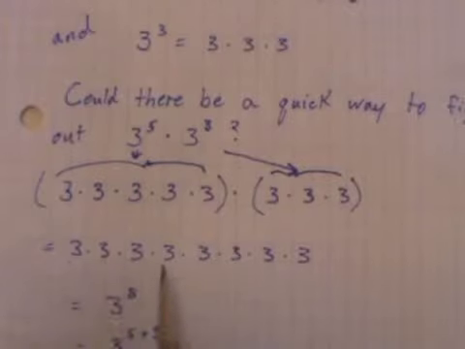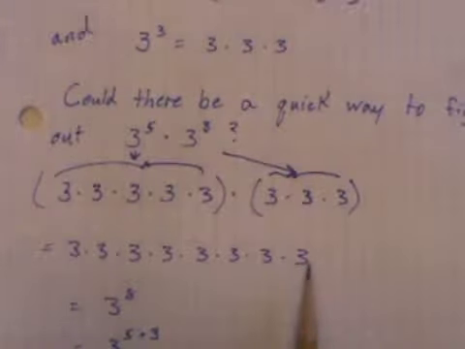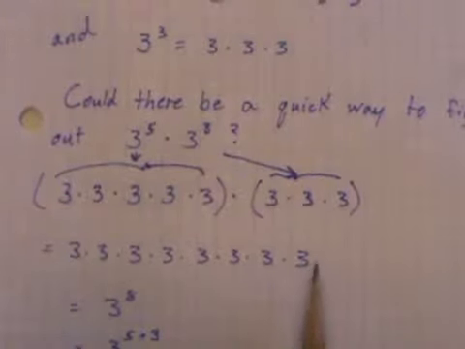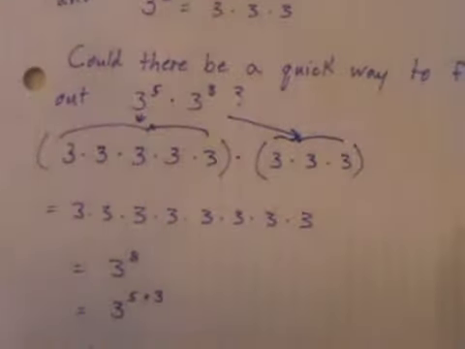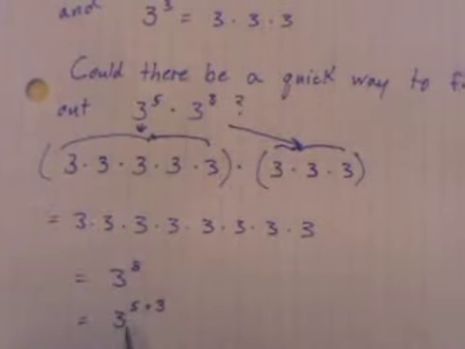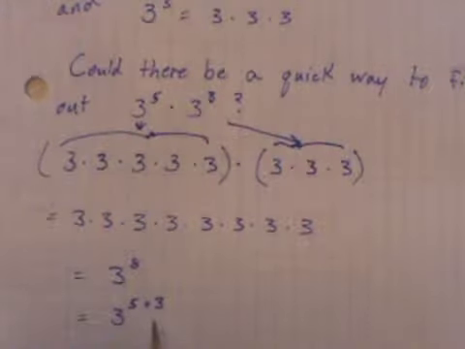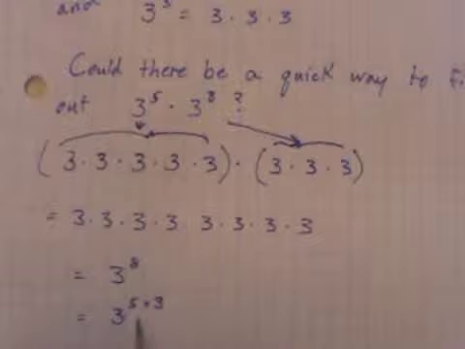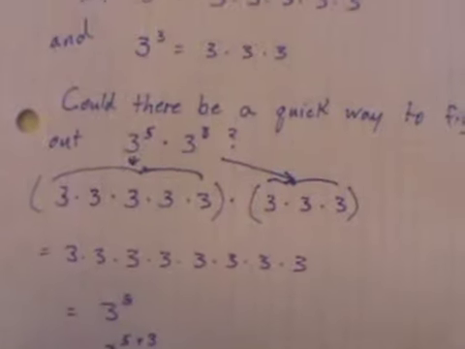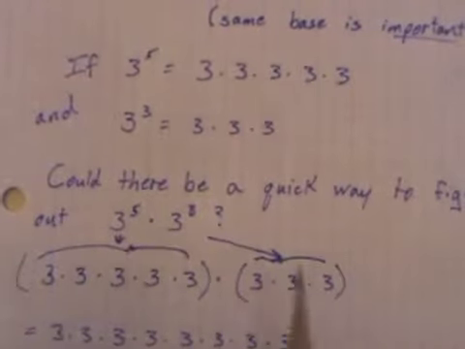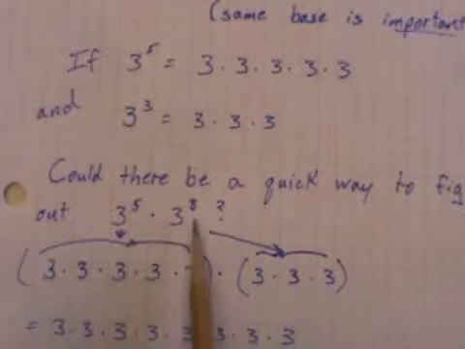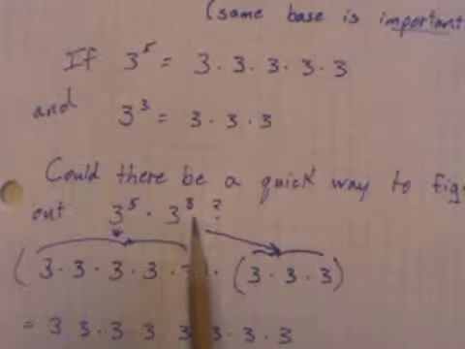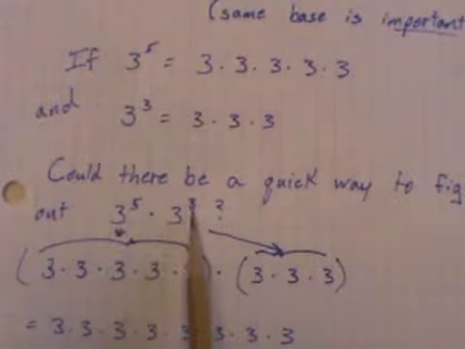Because 1, 2, 3, 4, 5, 6, 7, 8, you know that 3 times itself 8 times is 3 to the 8th. Well, 3 to the 8th is the same thing as 3 to the 5 plus 3, isn't it? 8 is the same thing as 5 plus 3, and that is actually our shortcut. 3 to the 5th times 3 to the 3rd is the same thing as 3 to the 8th.